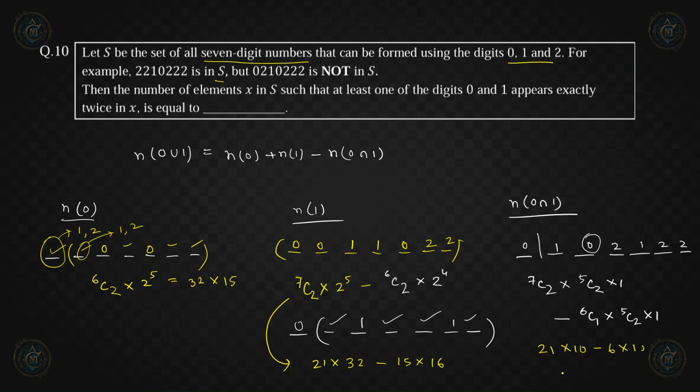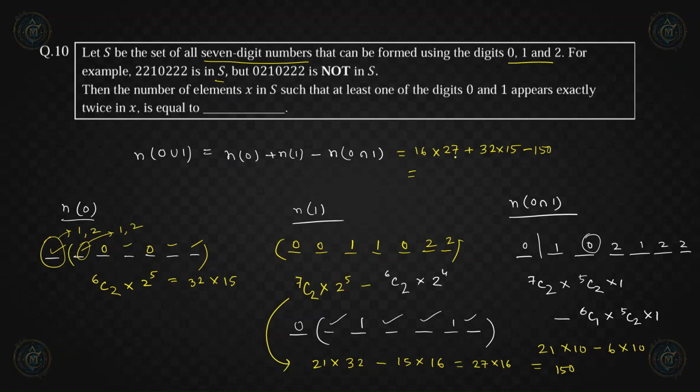So this will be 150. Then here it will be, if we count this, we can take the 16 common, so this will be 42 minus 15, which is I think 27 times 16, right? So we have this, if we calculate 16 times this 27 plus 32 times 15 minus 150, okay.